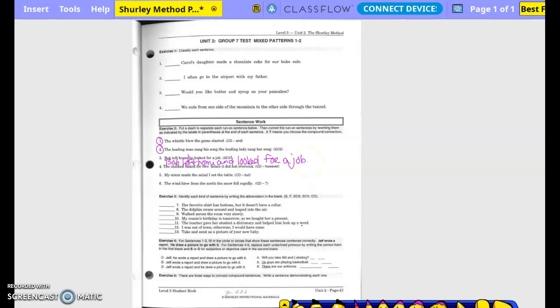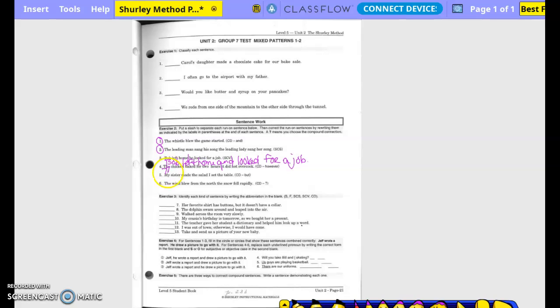The chicken baked for 2 hours. It did not overcook. Okay. Then it wants a compound sentence, and they want us to put however in there. So what would we do? So we replace the backslash with what, guys? However, but also what punctuation? Semicolon, however, comma, right?